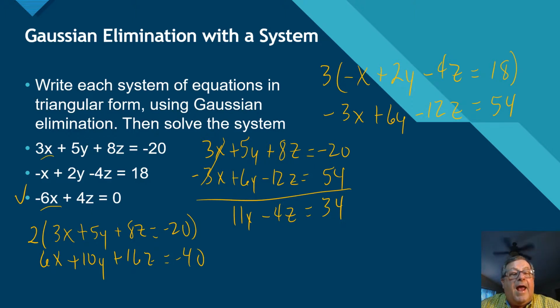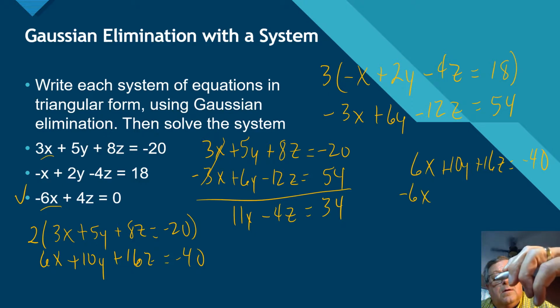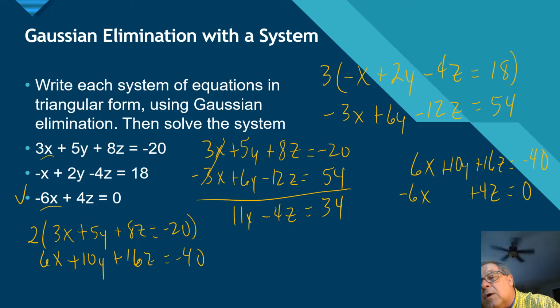Now we're going to add it to the negative 6x plus 4z equals 0. So I have 6x plus 10y plus 16z equals negative 40, and I'm going to add to that negative 6x plus 4z equals 0.